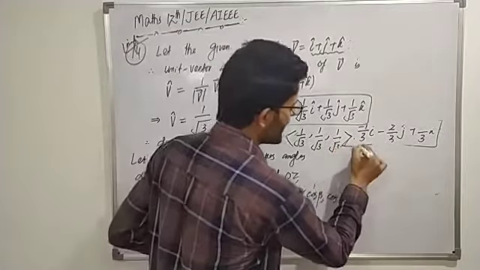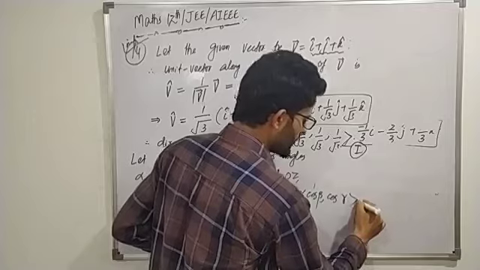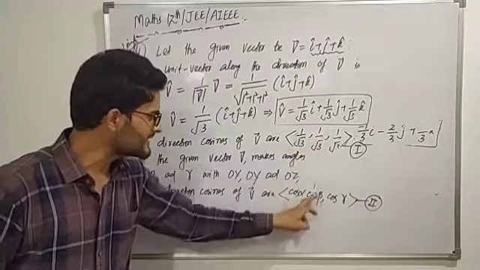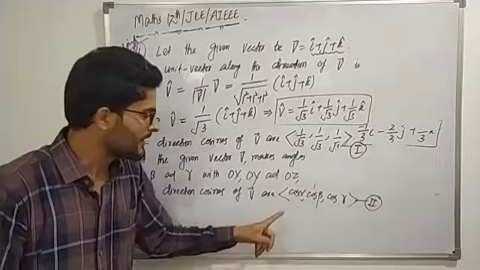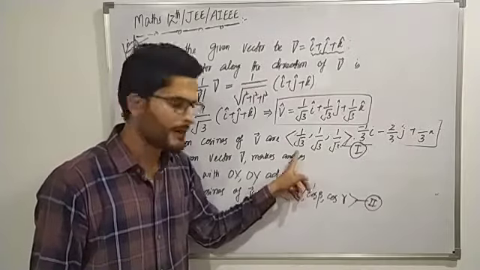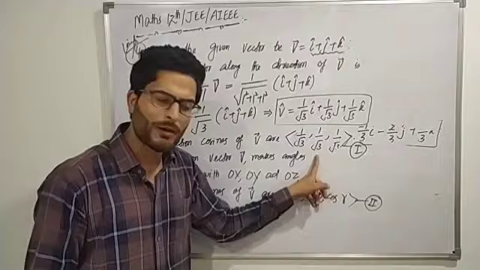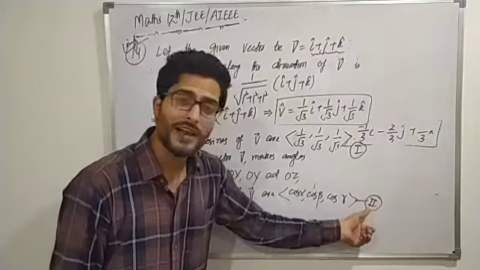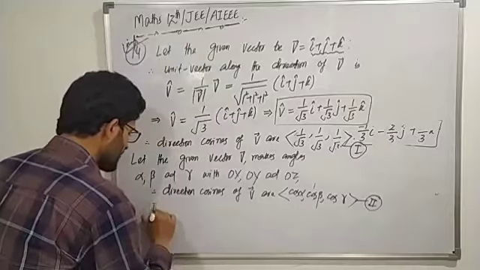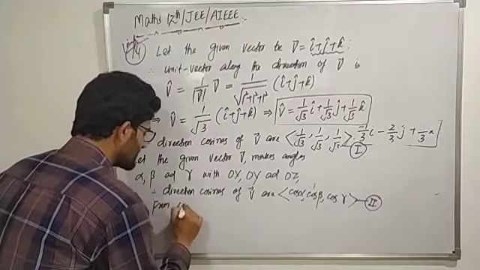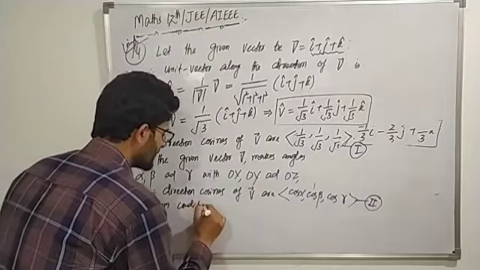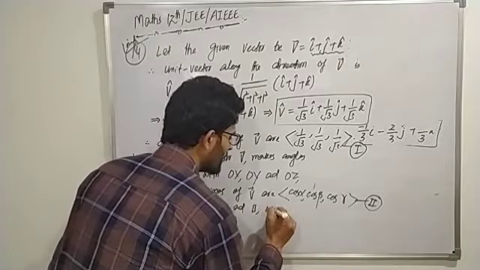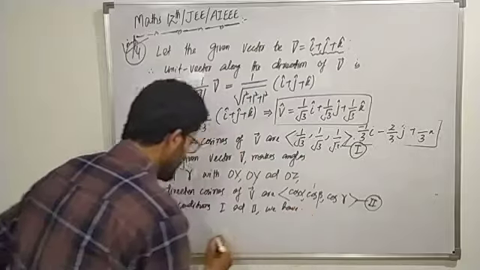तो सपोज ये कंडीशन जो है इसको हम फर्स्ट कंडीशन रखेंगे और ये कंडीशन जो है इसको हम सेकंड कंडीशन रखेंगे. ये भी है डायरेक्शन कोसाइनस, ये भी है डायरेक्शन कोसाइनस. तो इसका क्या मतलब कि cos अल्फा 1 by square root 3 के बराबर आएगा, cos बीटा 1 by square root 3 के बराबर आएगा और cos गामा 1 by square root 3 के बराबर आएगा. So from conditions first and second we have, what we have?